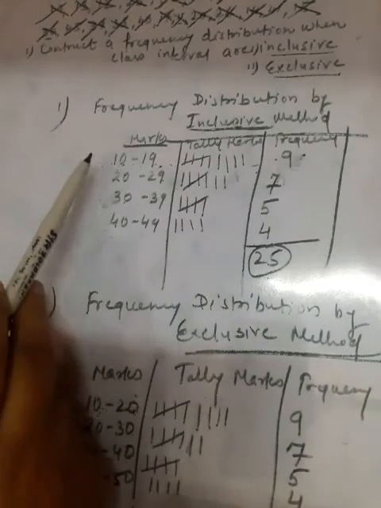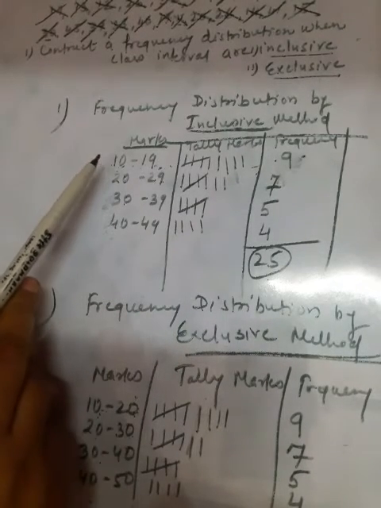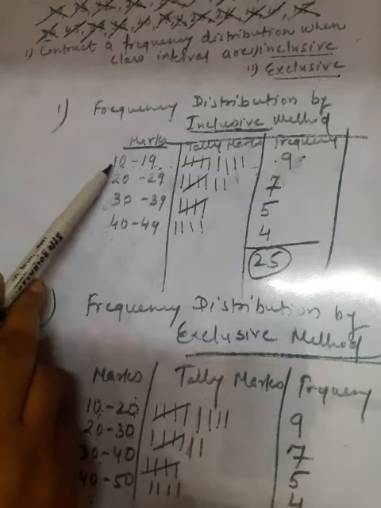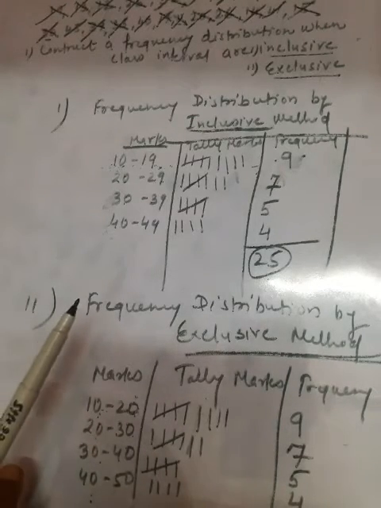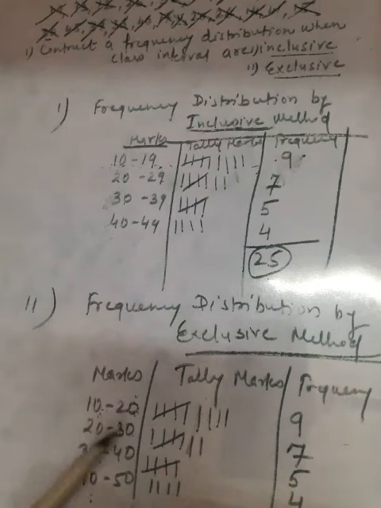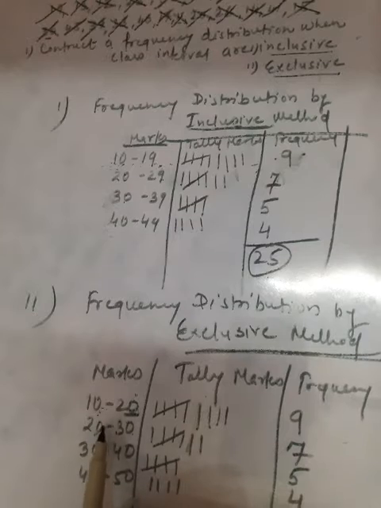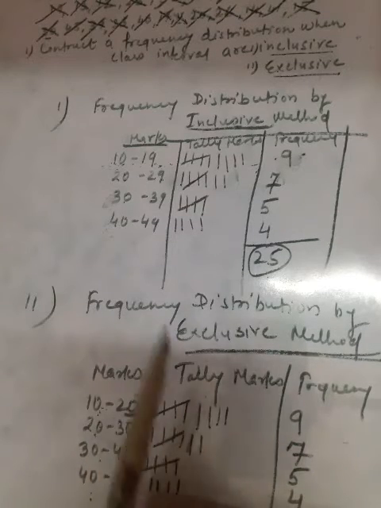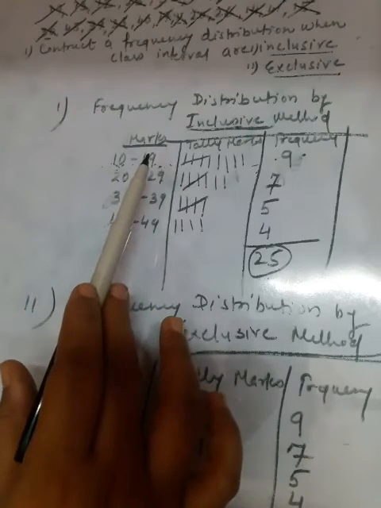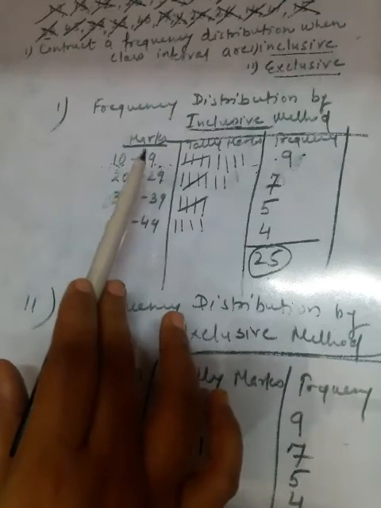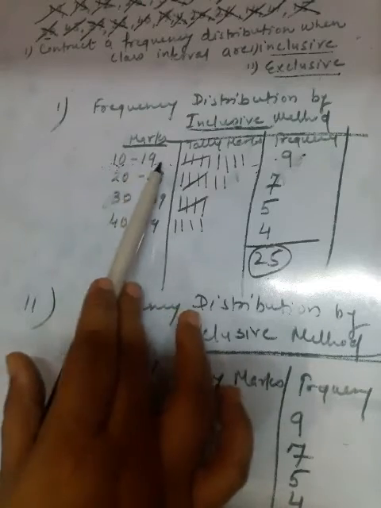First difference I already discussed, and I am repeatedly saying it: in an exclusive series, the upper limit of the class interval is counted in the next immediate class, and in an inclusive series both the lower and upper limit of the class interval are counted in the same class.